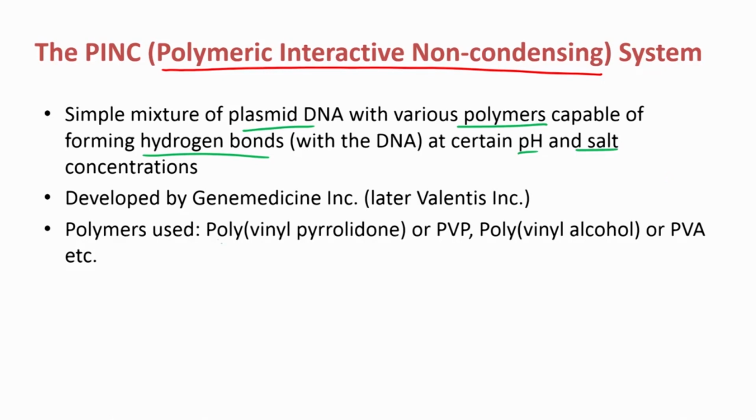As I said, these were developed by this company called Genemedicine, which was later known as Valentis, and the polymers that were used here were polyvinyl pyrrolidone and polyvinyl alcohol, or PVA. These polymers are not heavily ionically charged, but they can form hydrogen bonds with your DNA molecule.